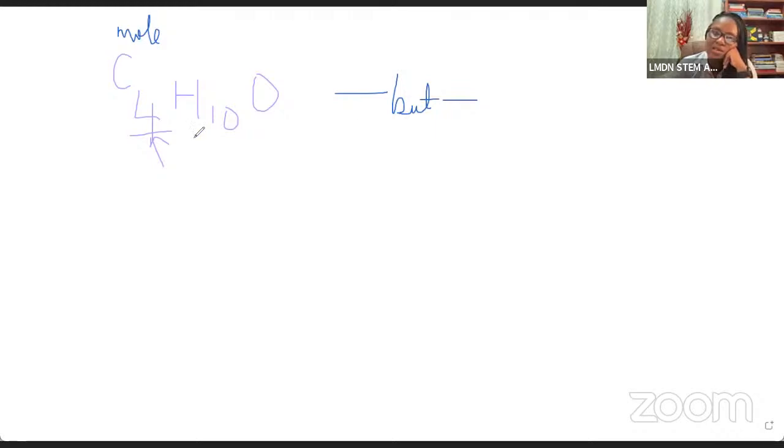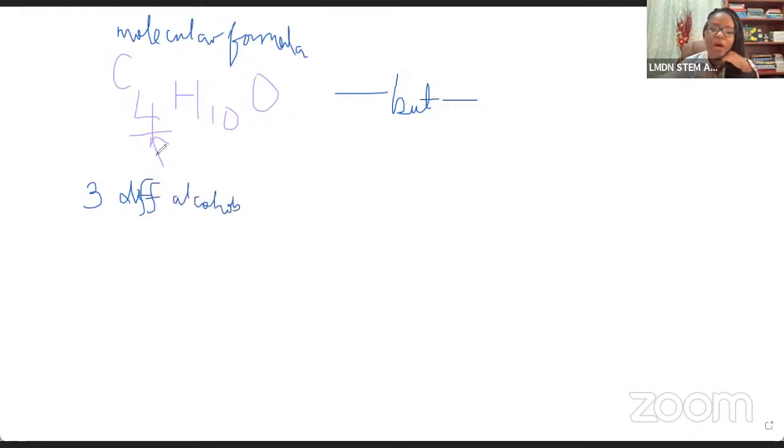So what we're having here is the molecular formula, and they're saying that there are 3 isomers of it, right? 3 different alcohols, but they all have the same molecular formula.